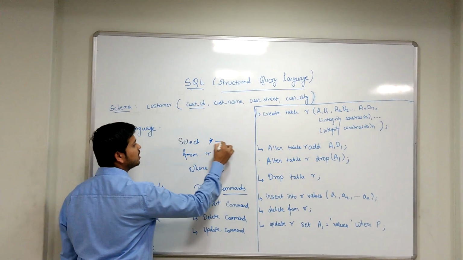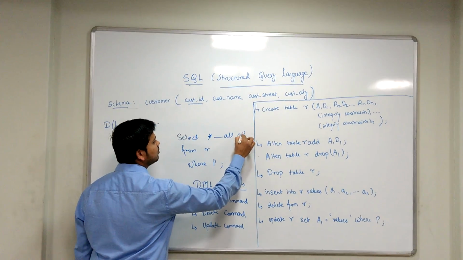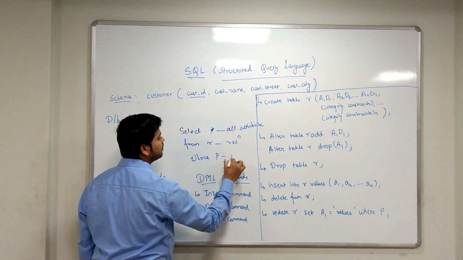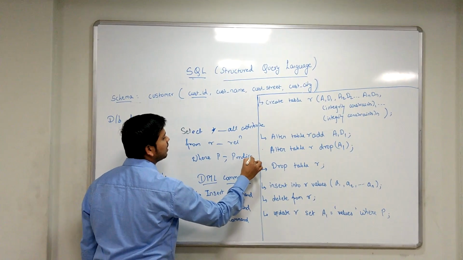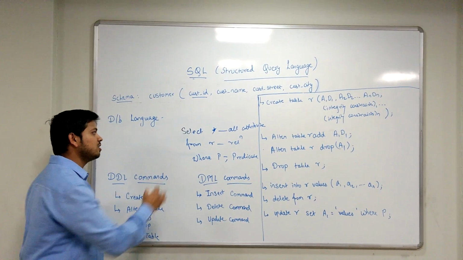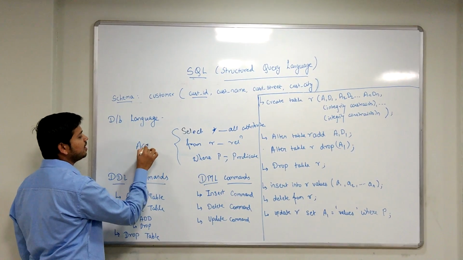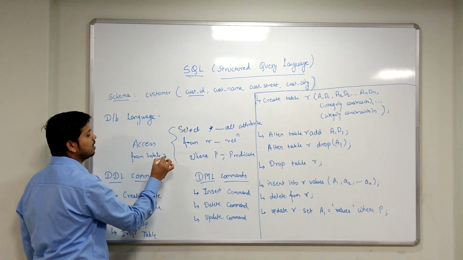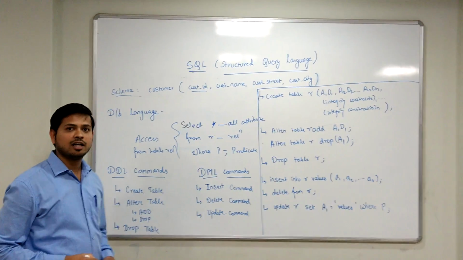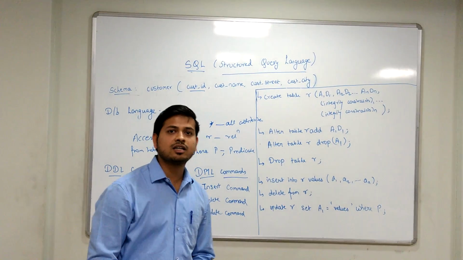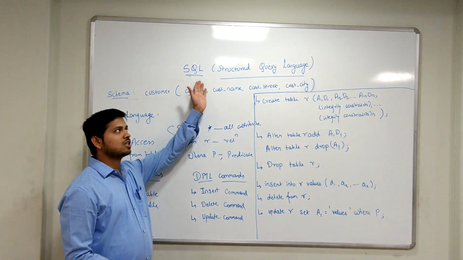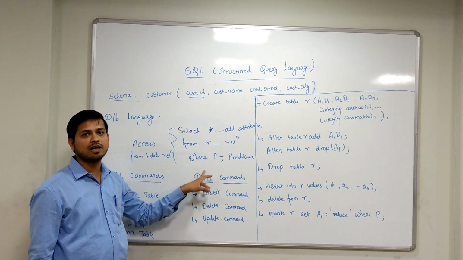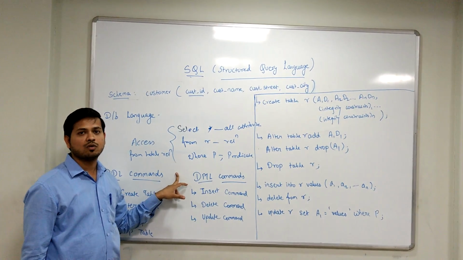Here star represents all attribute values, R represents the relation, and P is used for the predicate. This is used for accessing the information from the table, or we can say the relation, or the database. This is the basic concept of Structured Query Language, and select star from R where P is your basic query structure.